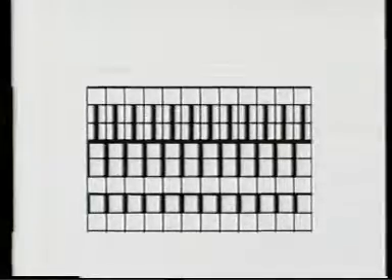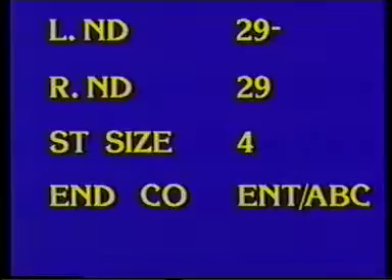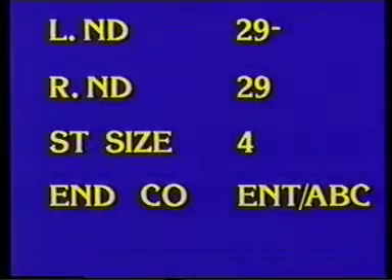There should be 29 needles to the right and left of center on back and front beds. Remember the needle rule and edge springs. Continue to work with the computer. The stitch size should be set on 4. When End Cast On is displayed, press Enter and ABC.